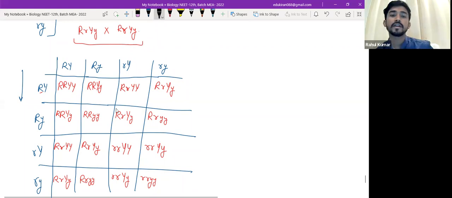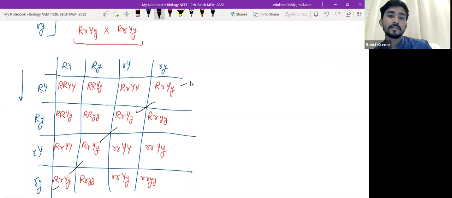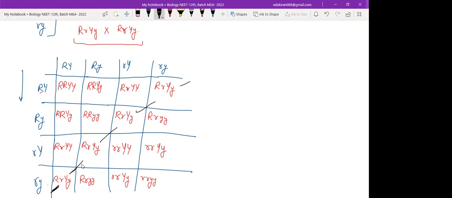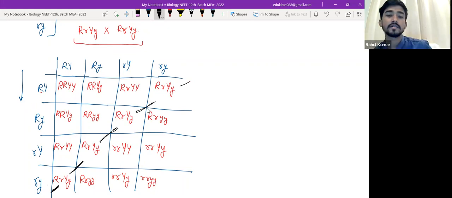And if I ask you where they are, they are present right here on the diagonal, right? Can you see this, everyone? These 4 are like the parents out of 16, which means 12 are not like the parents. So talking about first the genotypic ratio, we are clear that now there are more genotypes possible.